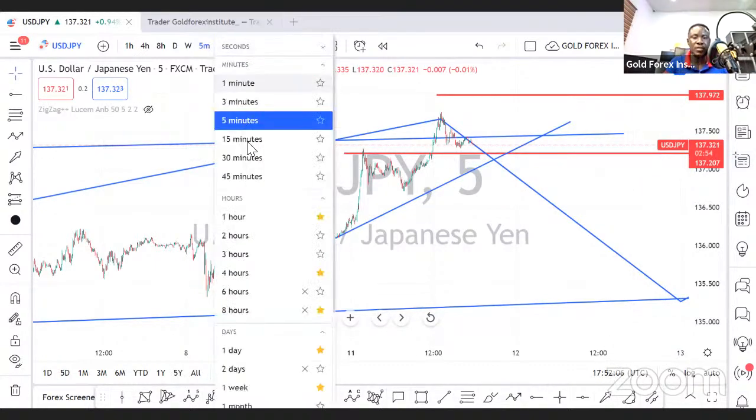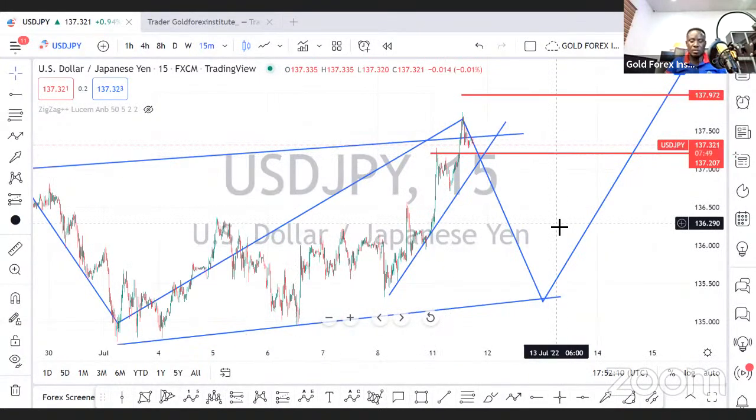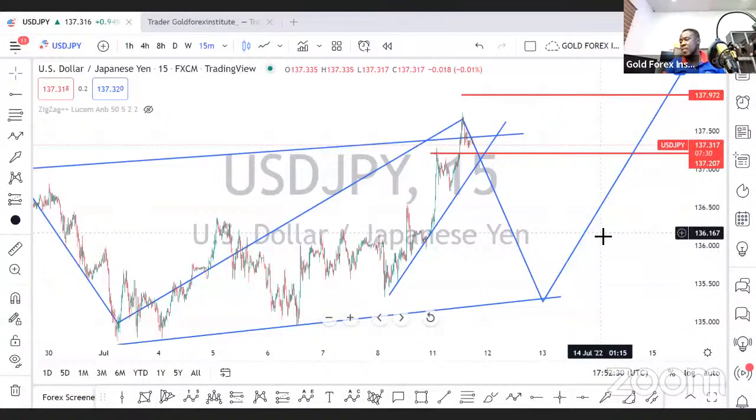15 minutes. Sell by market. And then, okay, so I just entered the USDJPY.